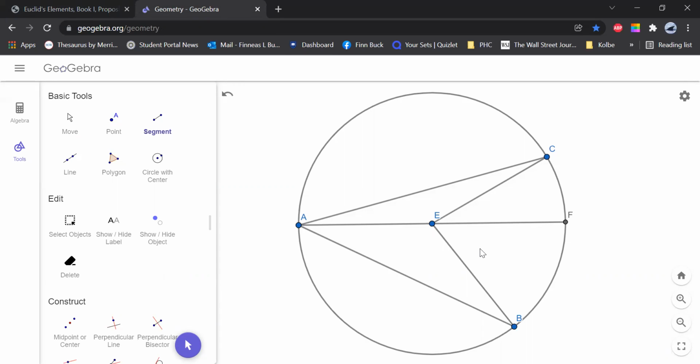Because we know that's true, we also know that BEF equals 2 EAB. This is because of common notion 1.